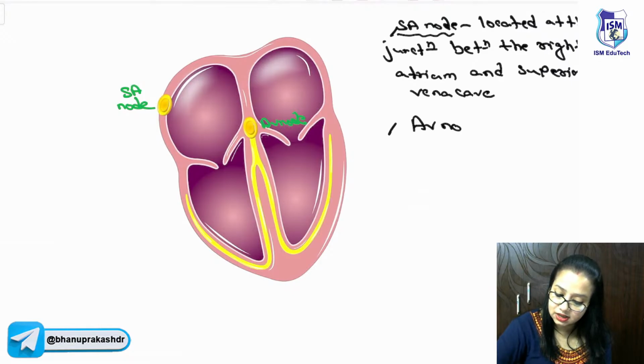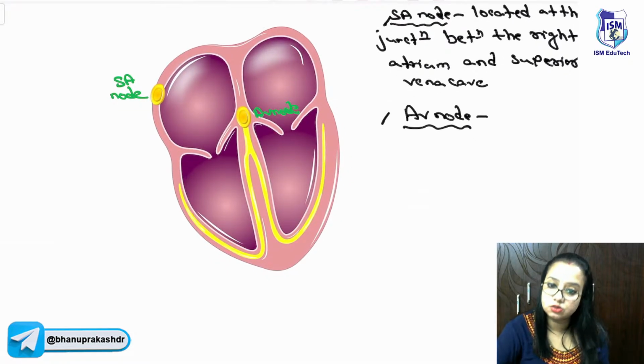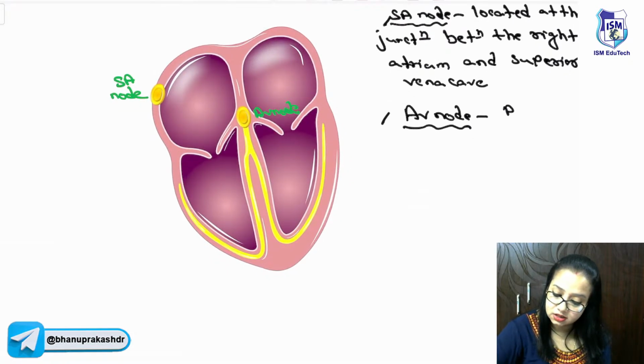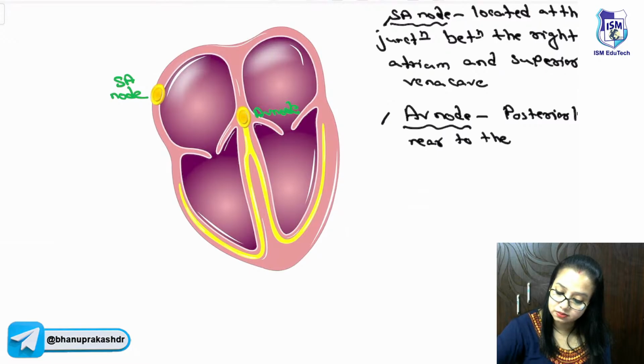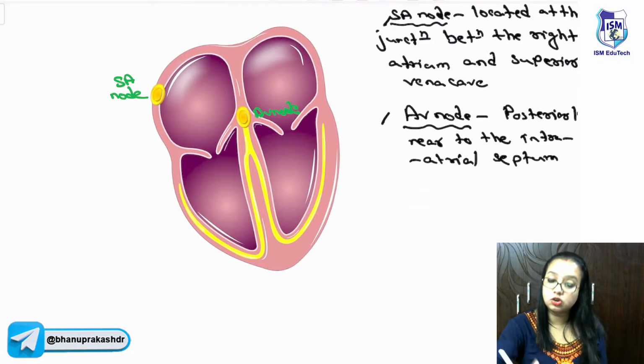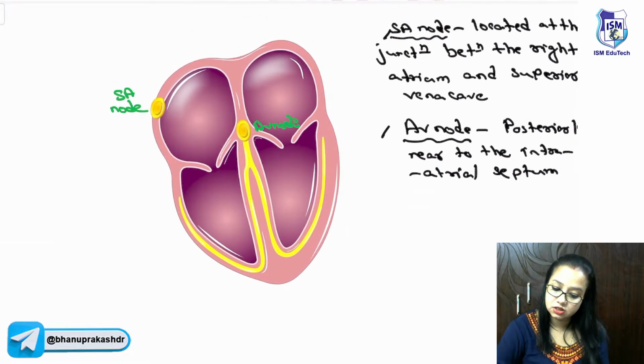Where is the AV node? It is located posteriorly, very close to the intra-atrial septum, on the right side of the intra-atrial septum. These are the locations of these two nodes.